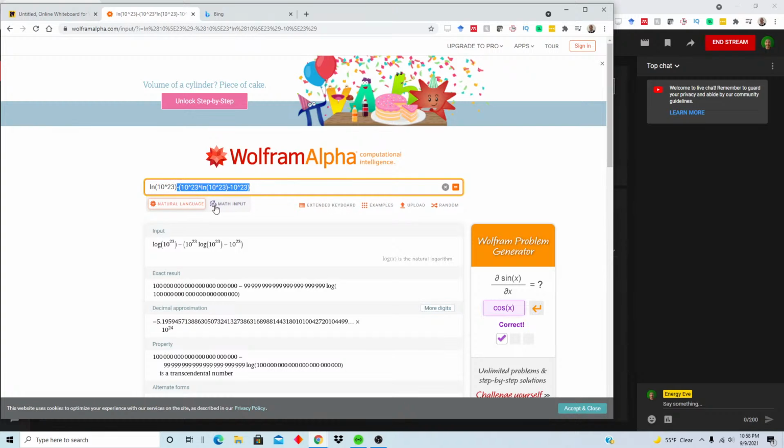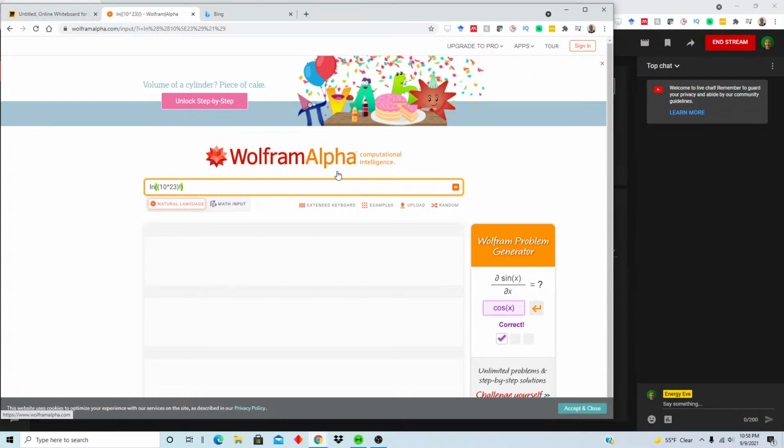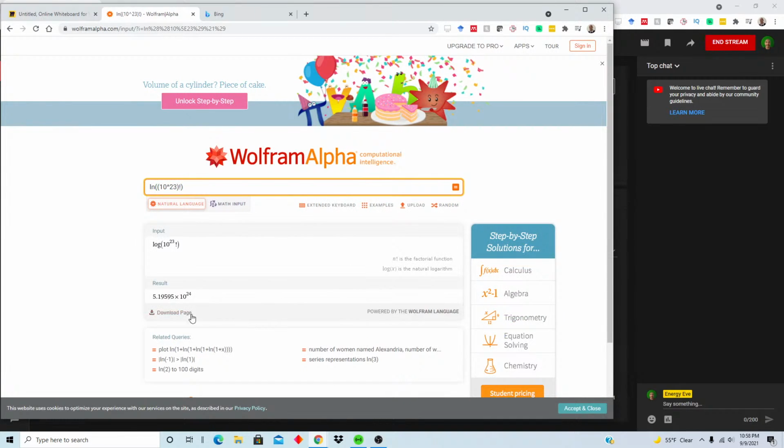It's supposed to be factorial. No wonder. I don't think Wolfram will give us a value. This number might be too large. Oh, result. Oh, okay, yeah, this is cool. Okay, so 5.2 times 10 to the 24.